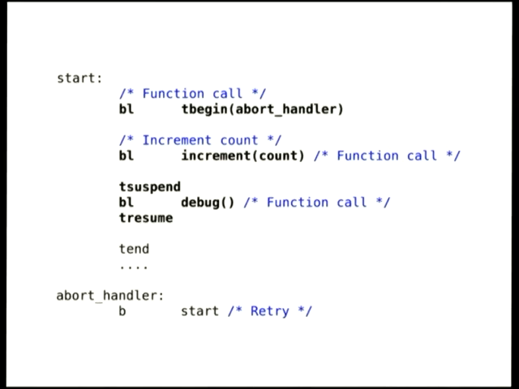But if your debug is in a function, that could write to the stack and that could corrupt the stack if you end up aborting at the tresume. When you roll back, the stack won't be actually rolled back to the right state. It won't actually kill you anyway because, yes, it will.